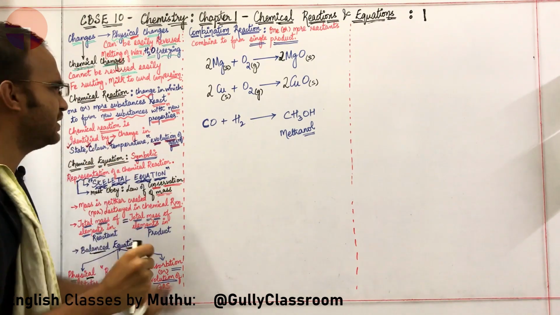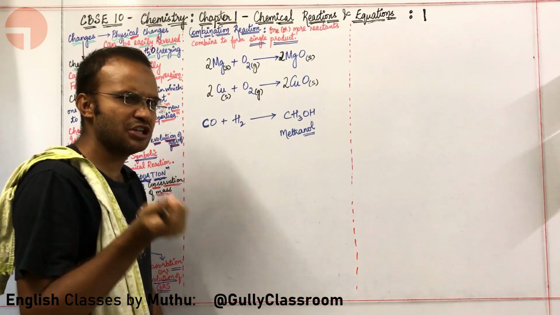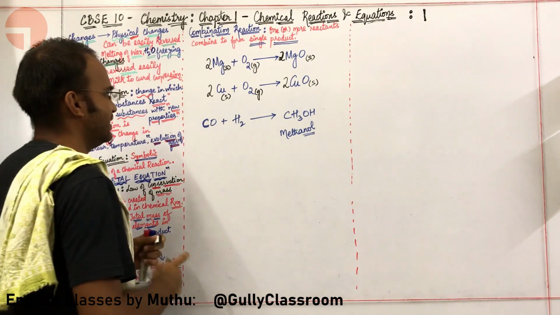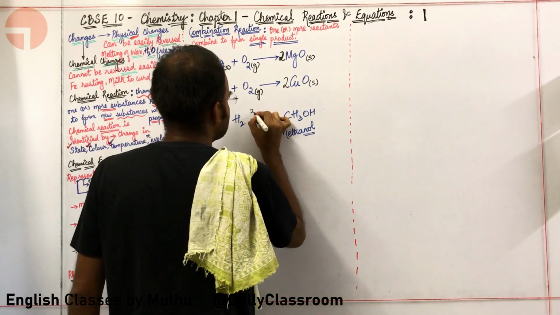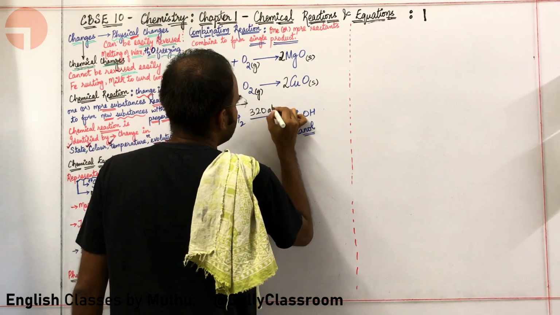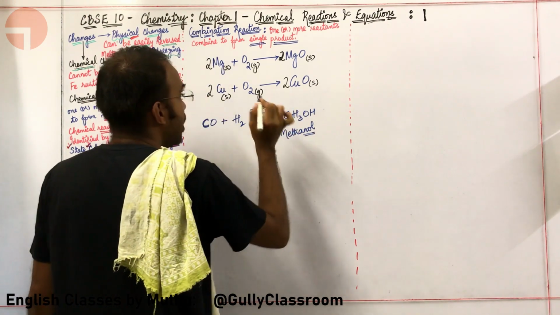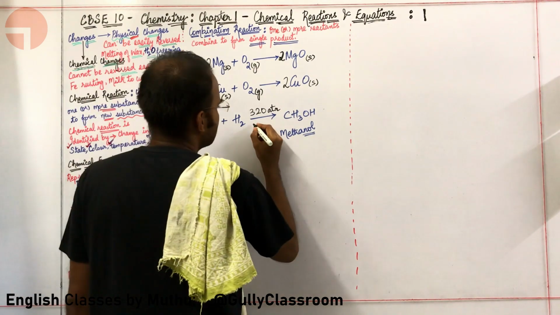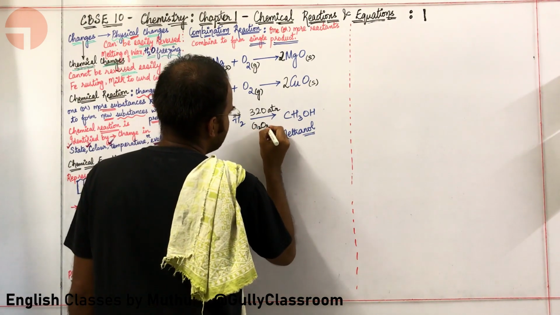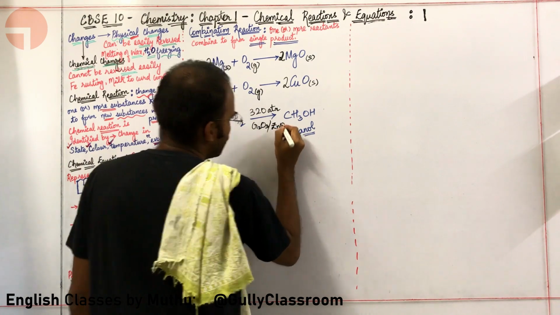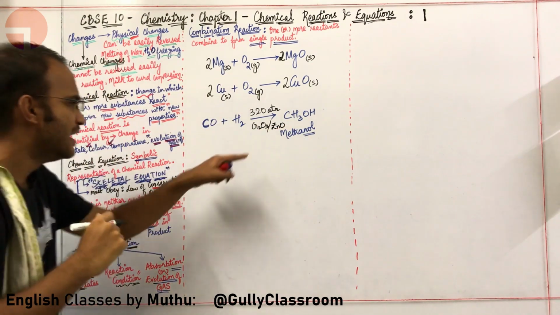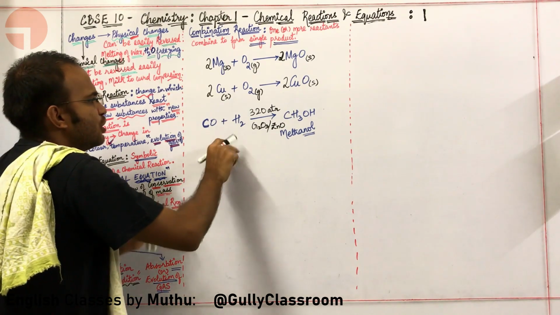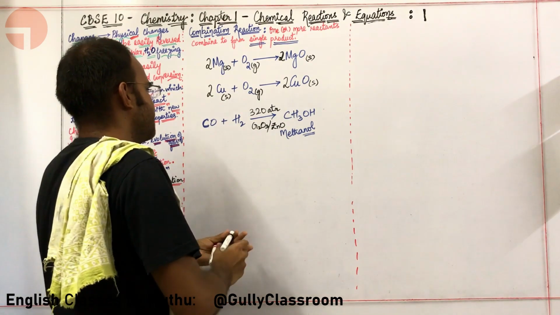You just told me that this particular reaction needs certain specific conditions. What are these conditions? This specific reaction needs a pressure of 320 atmosphere. Also, you need to add a catalyst, Cr2O3 or ZnO, in order to increase the rate of this reaction.